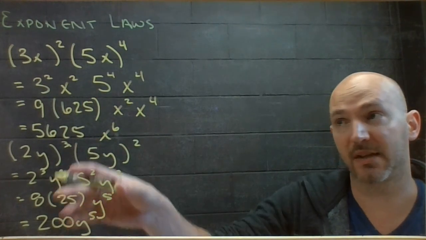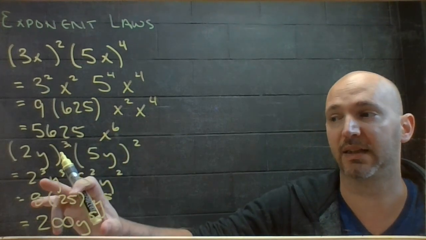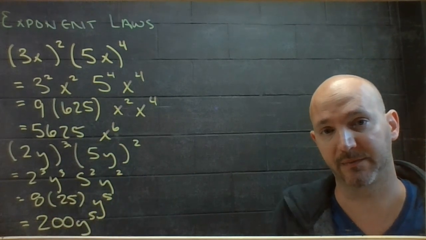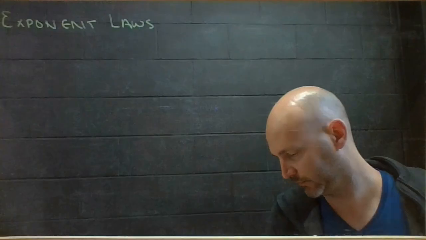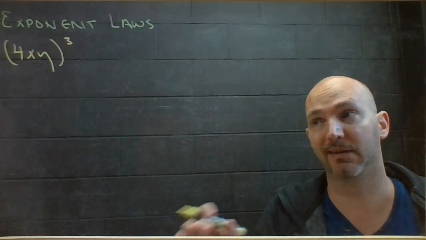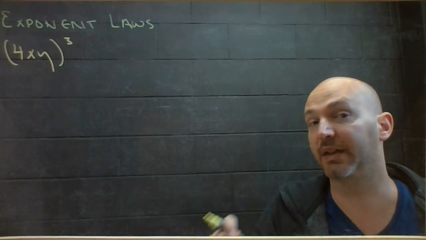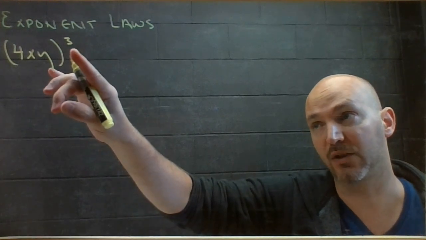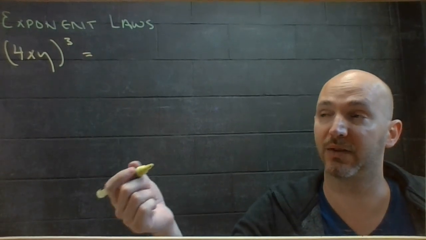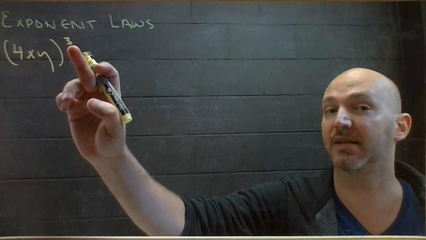So it's the same process as this one. You just apply the exponents to everything that's in the bracket, and then you gather the numbers, gather the letters, and write them as a single thing. If you have 3 things in that bracket, nothing has changed. All of these pieces are multiplying each other together, so each one of them can have the exponent attached to them. And if I wrote it the long way to convince you, this says 4 times x times y multiplied by itself 3 times.